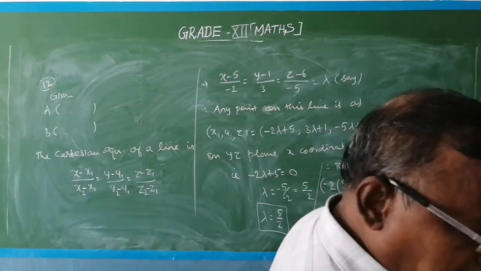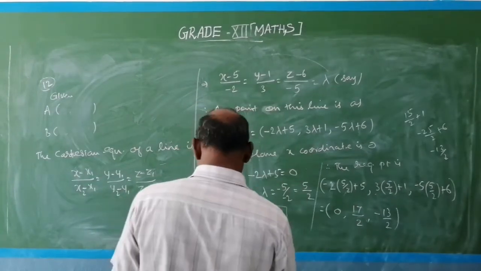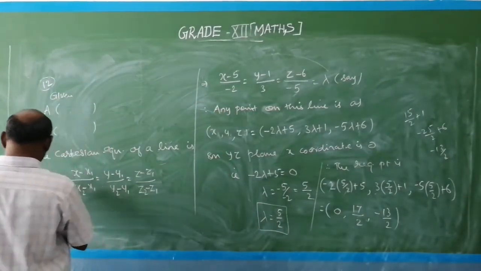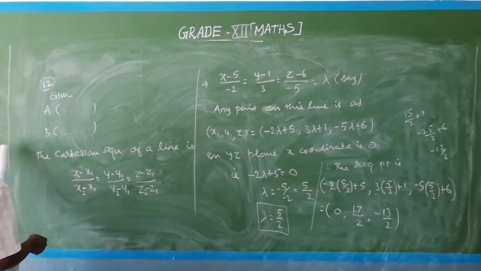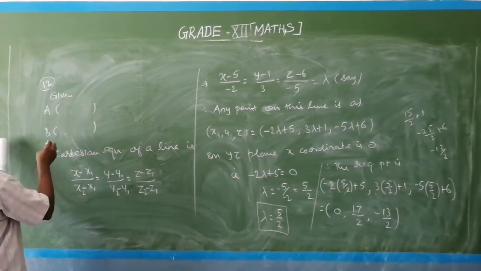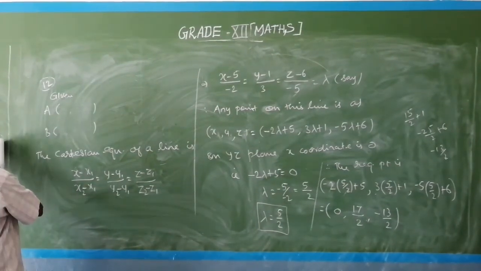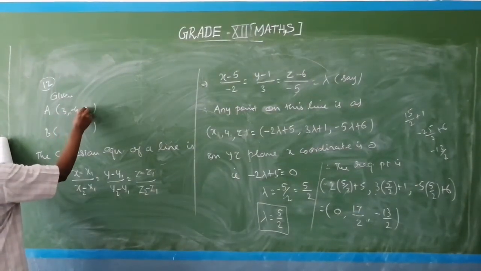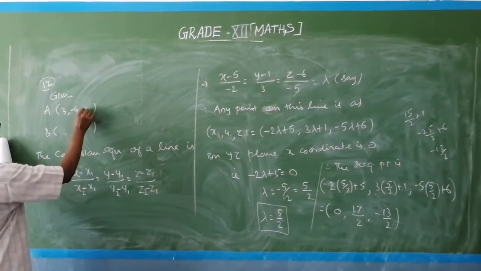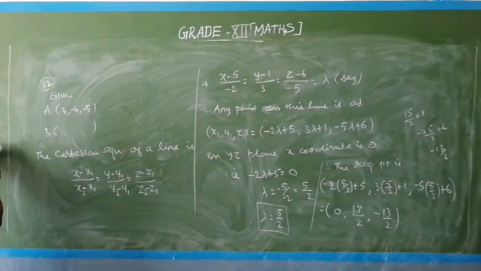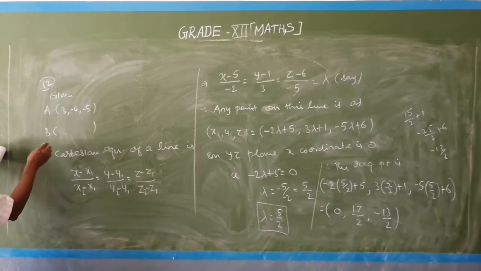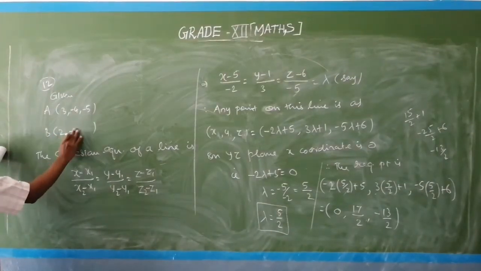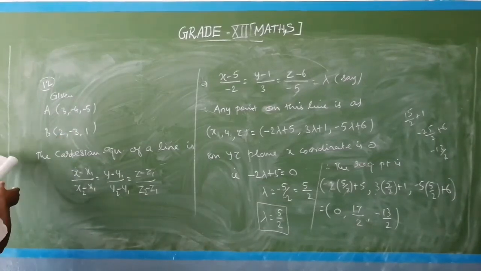In the 12th problem, they have given you 2 points, in the same way as in 10 and 11. The first point is 3, minus 4, minus 5. The second point is 2, minus 3, 1.